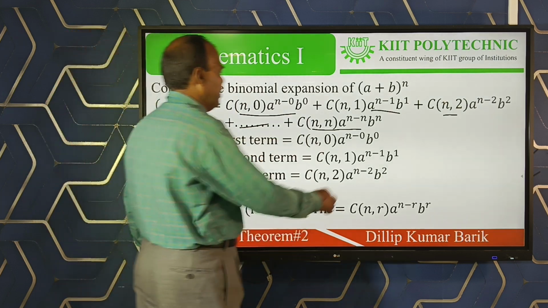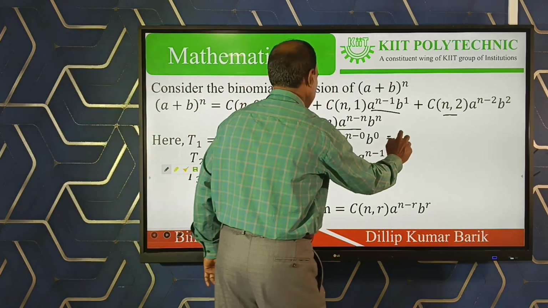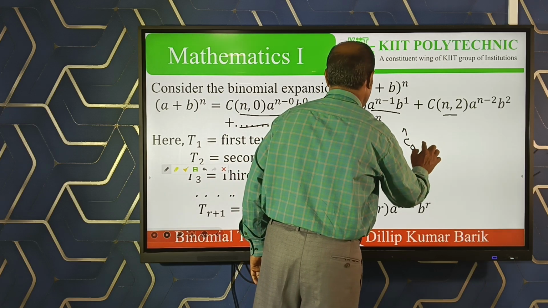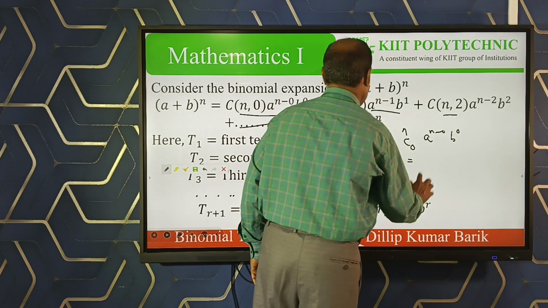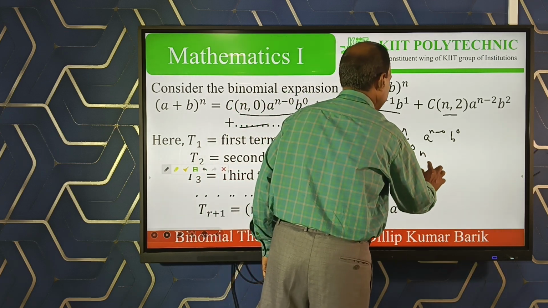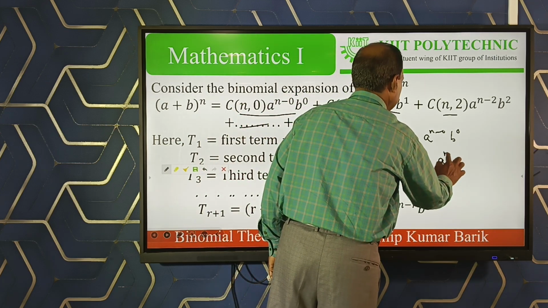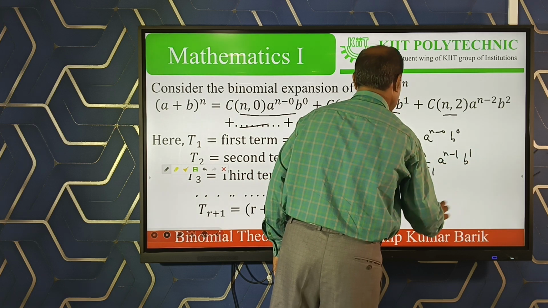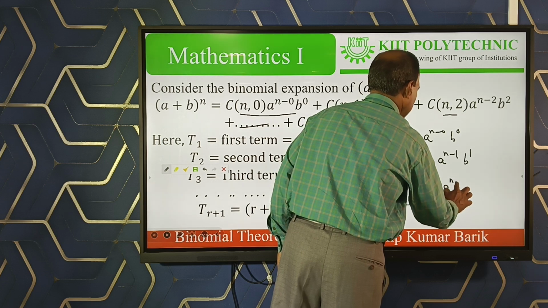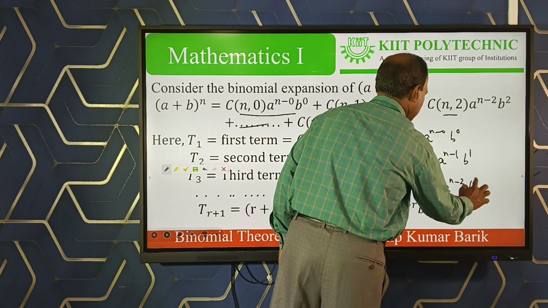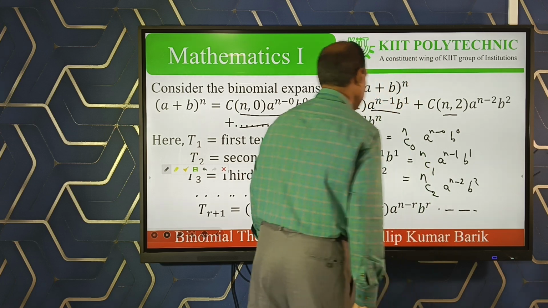This is nC0 a to the power n minus 0 b to the power 0. Similarly, the second term is nC1 a to the power n minus 1 b to the power 1. The third term is nC2 a to the power n minus 2 b squared, and so on.